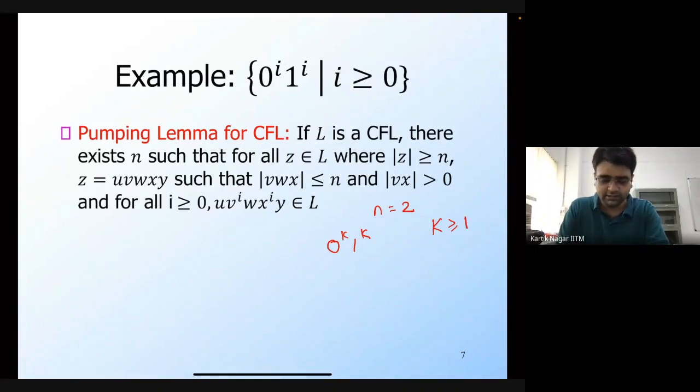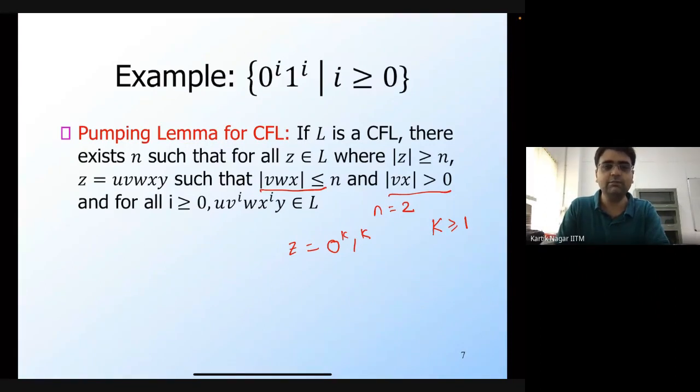Now I can always break down this z into some u, v, w, x, and y obeying these constraints. So what would be one way of breaking down this particular string 0^k 1^k into u, v, w, x, and y such that it obeys these two constraints, and the resulting string would still be in L?